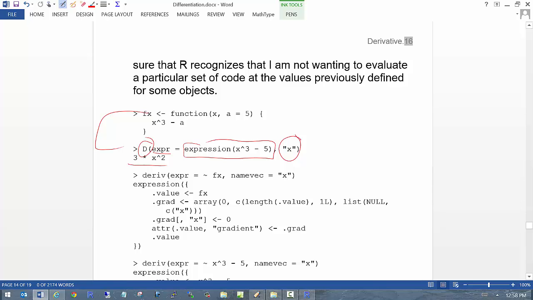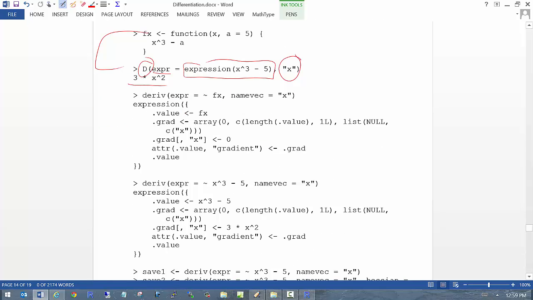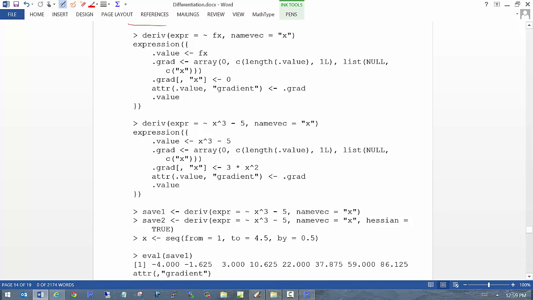The deriv function works somewhat similarly, but it actually provides you a function that you can use whenever you want to evaluate that first derivative at a particular value of x. So for example, if I say deriv expr equal tilde, here's my actual function I'm interested in, and I want to evaluate at potential values of x and do the derivative with respect to x.